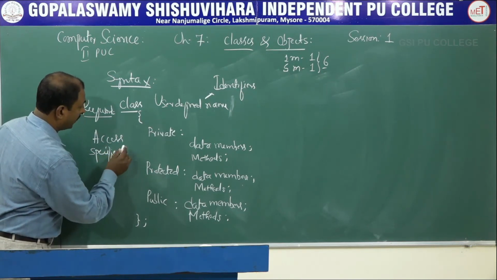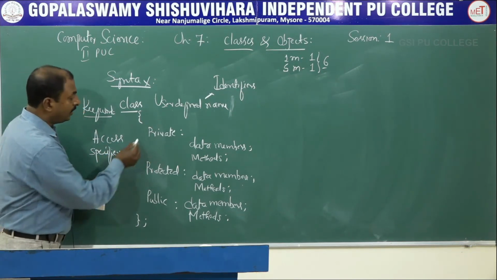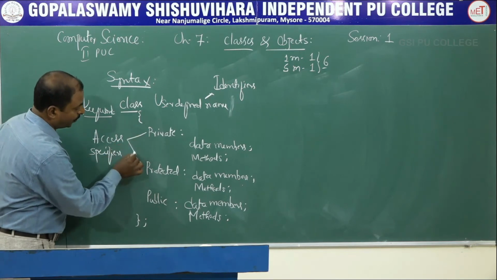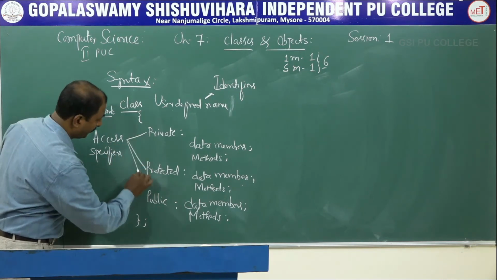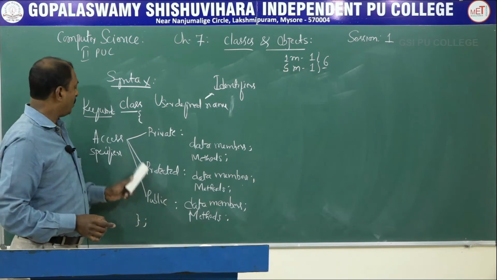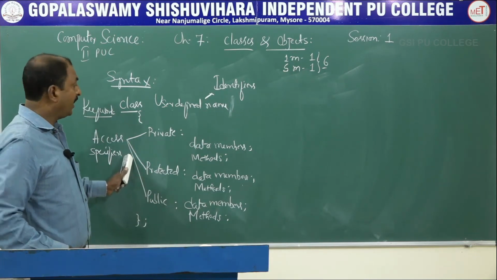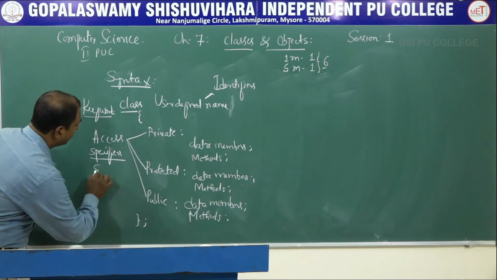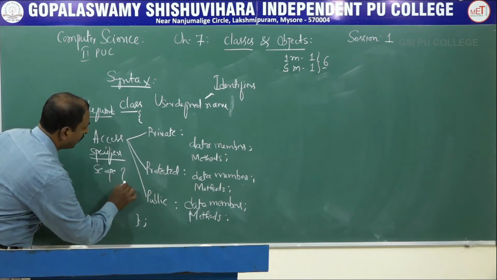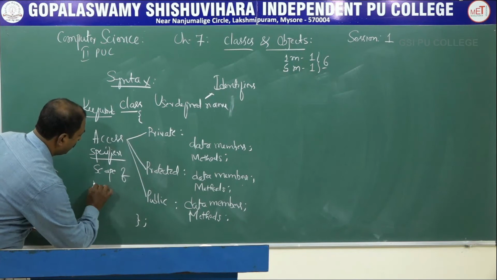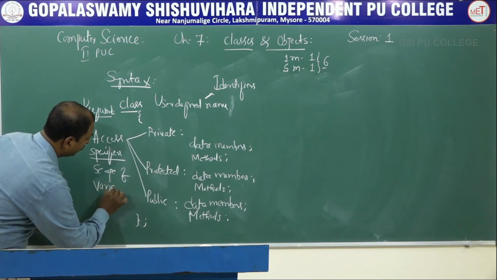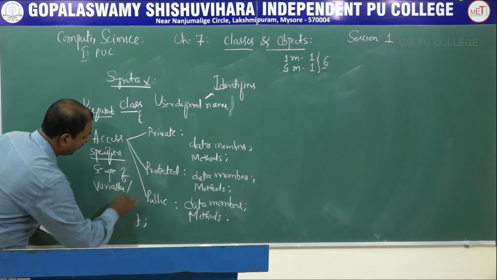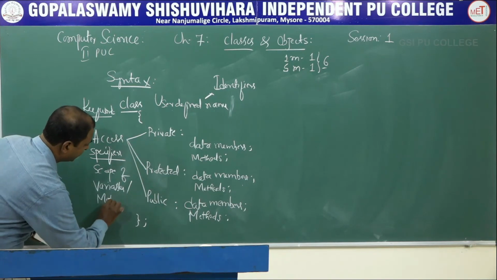These three are access specifiers, and these specifiers will define the scope of variables or data members as well as methods.